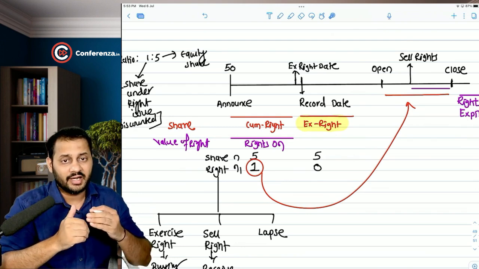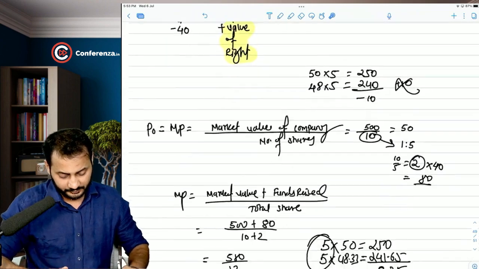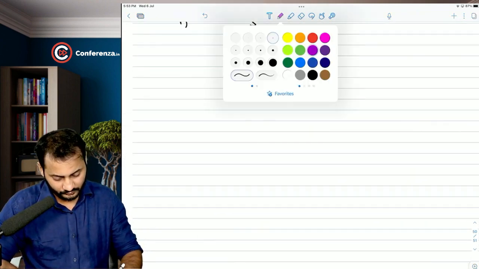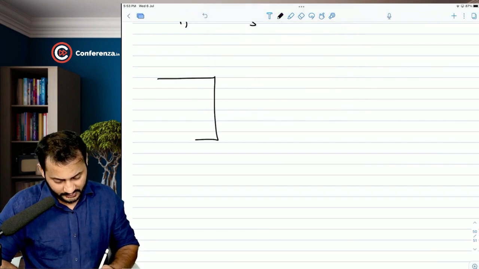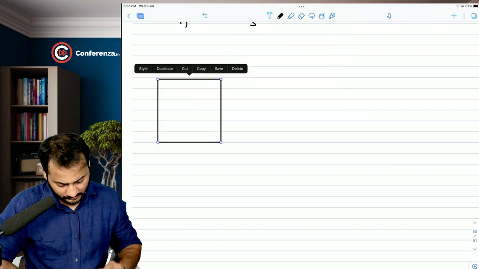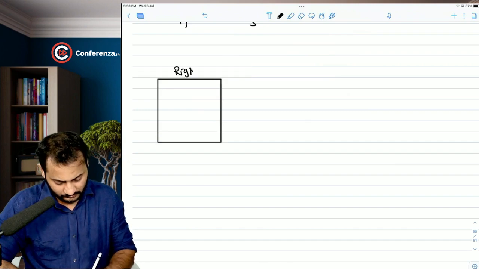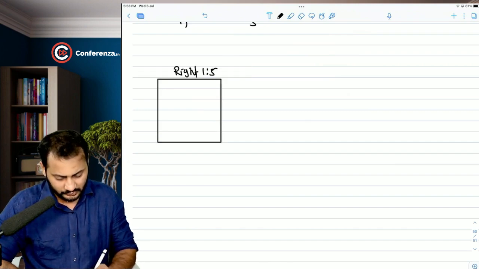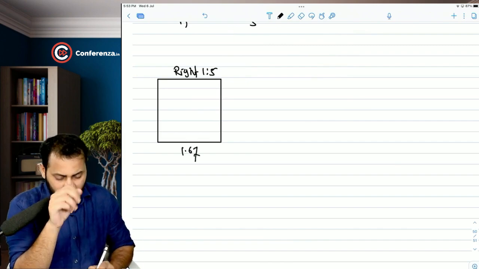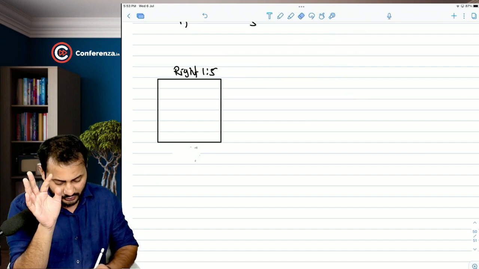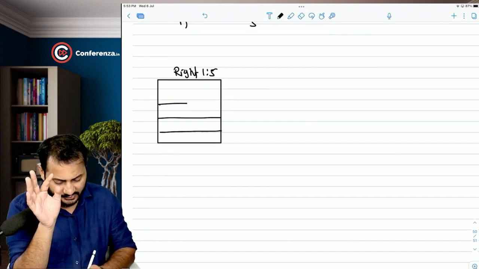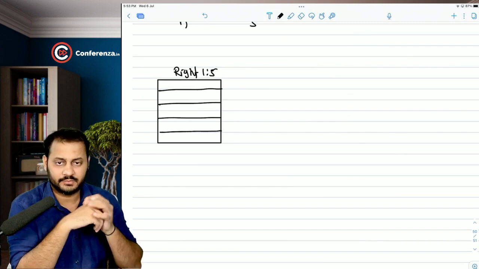But obviously the right is going in whole, na? See. Let's say this is the right. So 1.67 is the price of the entire right? No, sir. This right issue is divided into 5 parts.